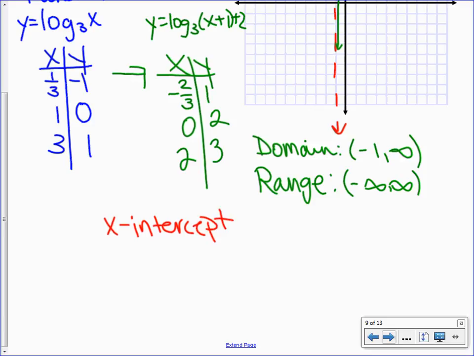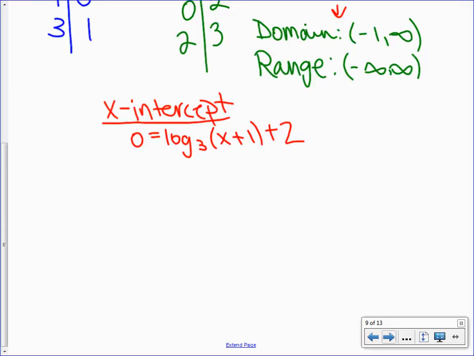What does the x-intercept mean? Where the y value is 0. How do I figure out where the y value is 0? So I put 0 in for y. How are we going to figure this out?